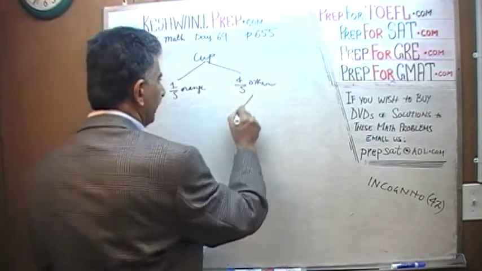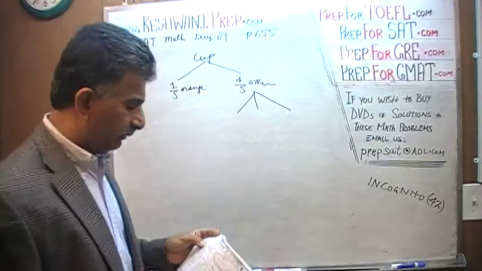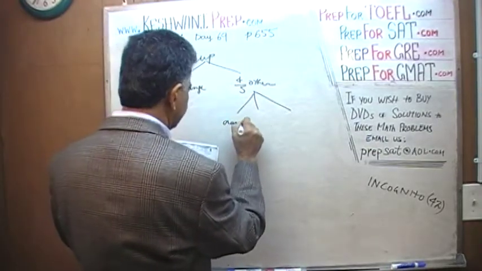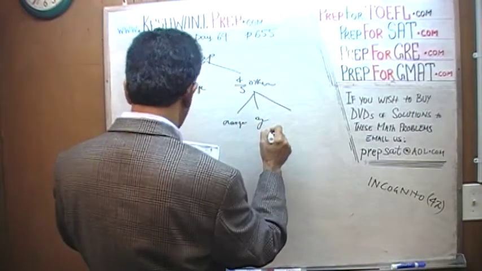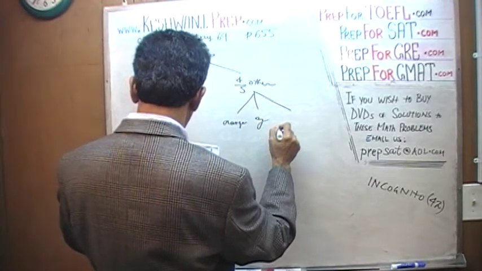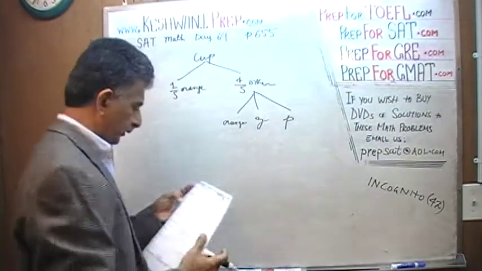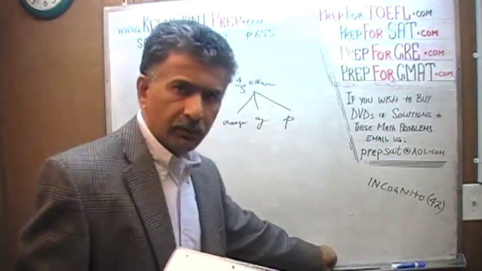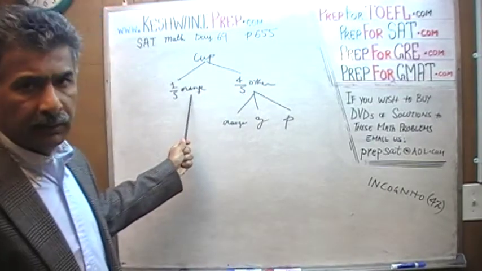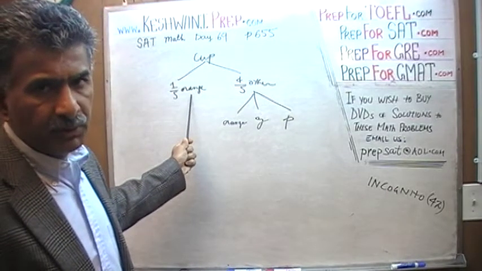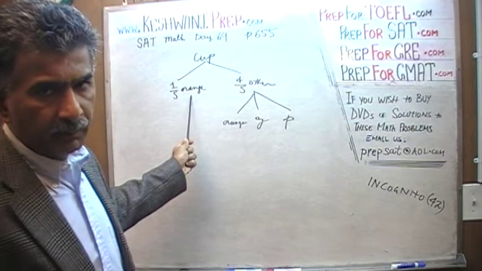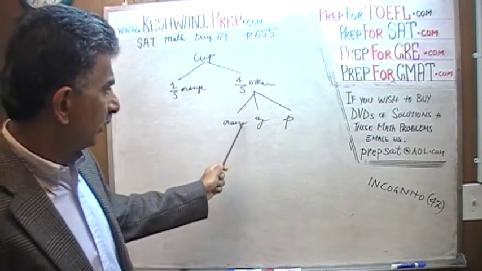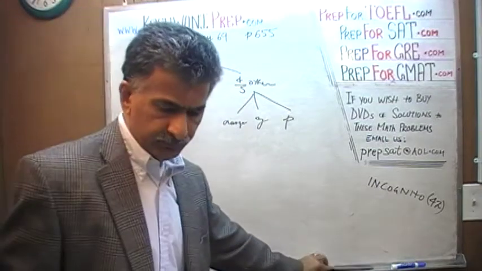Alright, so then the remaining 4/5 of the cup is then filled with orange juice, grape juice and pineapple juice. So we start out with the orange juice to begin with. We pour 1/5, and the 1/5 of the cup is first filled with the orange juice, and the remainder of the 4/5 of the cup is filled with equal amount of orange juice, grape juice and pineapple juice.